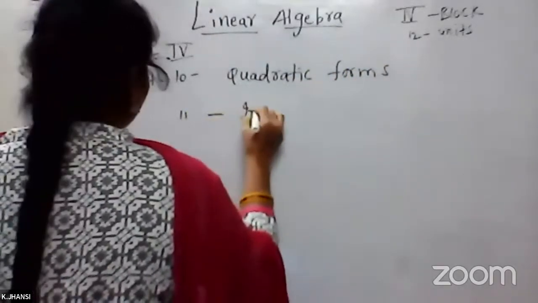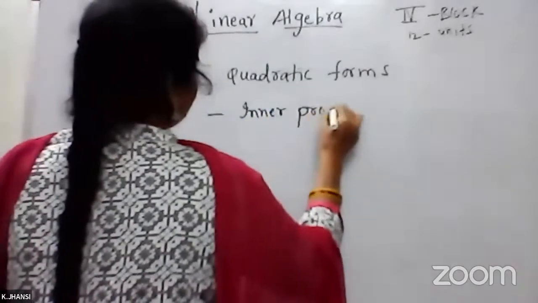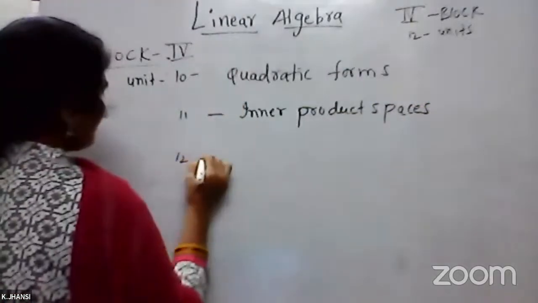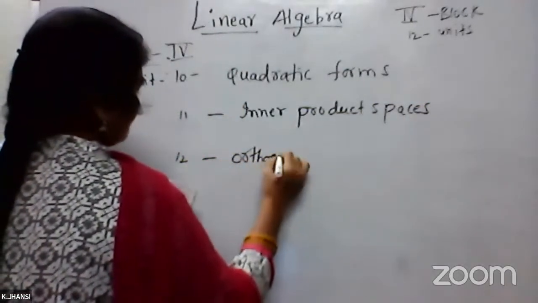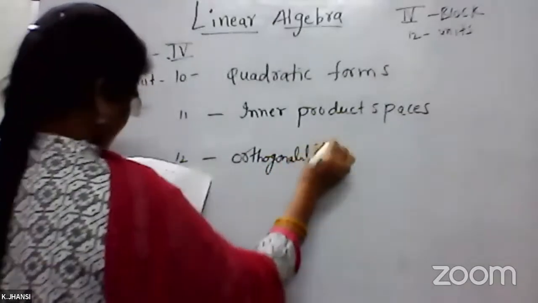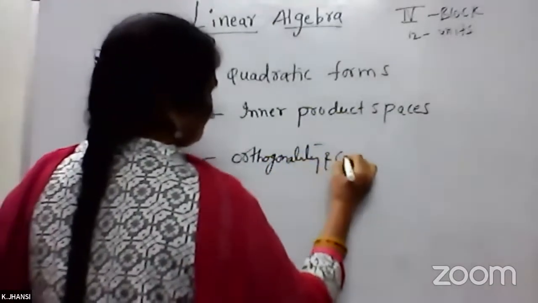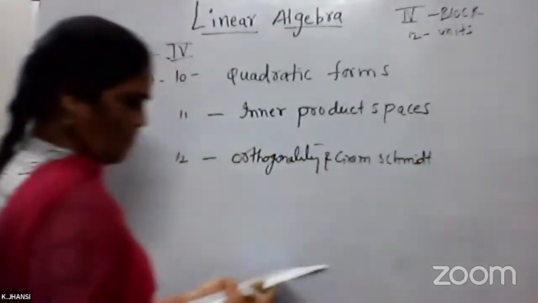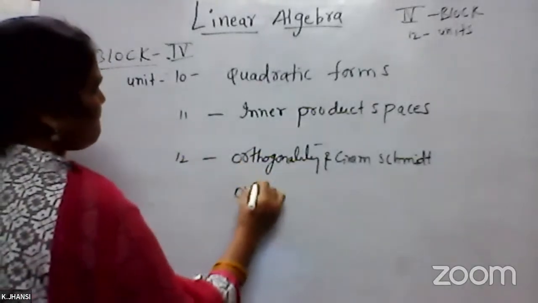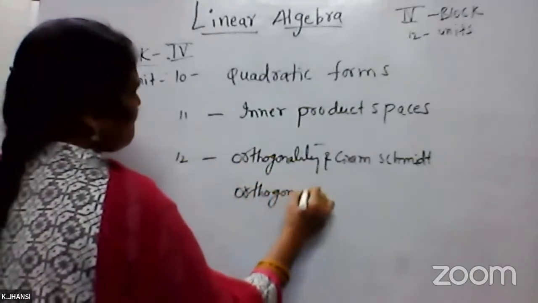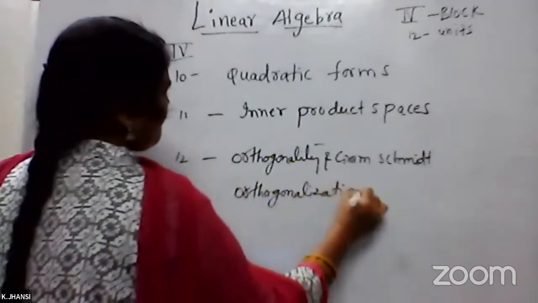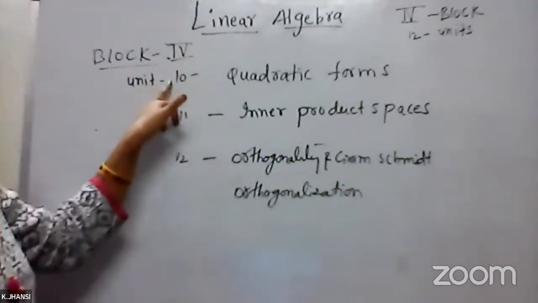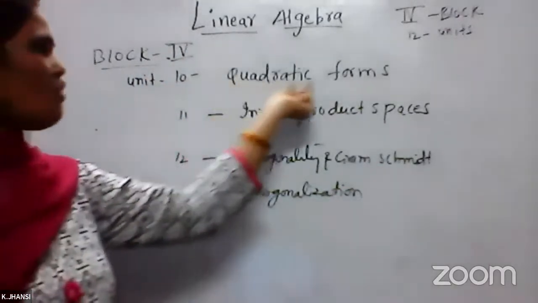Unit 11. Okay. This is the last block we have, block 4, units 10, 11, 12. So this is the quadratic form.